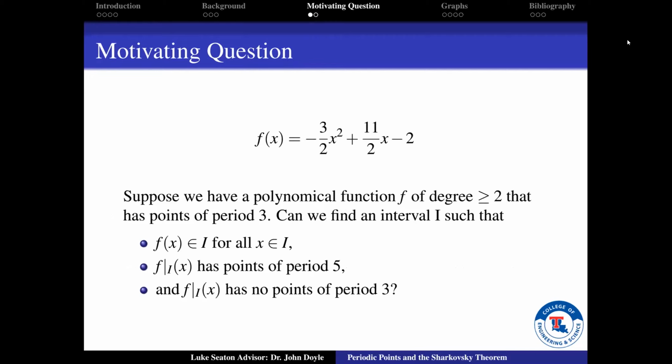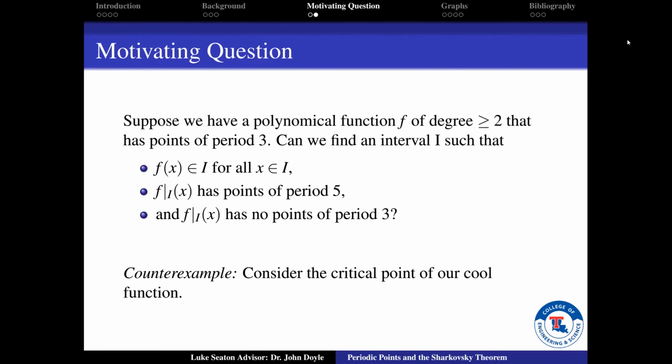If we're looking at a polynomial function of degree greater than or equal to 2 that has points of period 3, can we find an interval that satisfies these 3 conditions? We could use this function as an example, and we want to see if we can shrink down the interval so that it no longer has points of period 3, but it does have points of period 5.